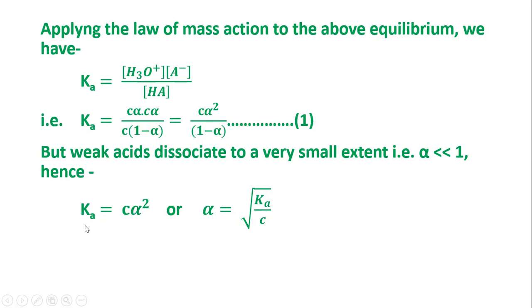C को अगर इधर लेके जाएंगे तो वो डिनोमिनेटर में जाएगा. And hence taking square root on both the sides, we will get alpha is equal to under root Ka upon C. So this equation indicates that the degree of dissociation of the weak acid is inversely proportional to the square root of its concentration.